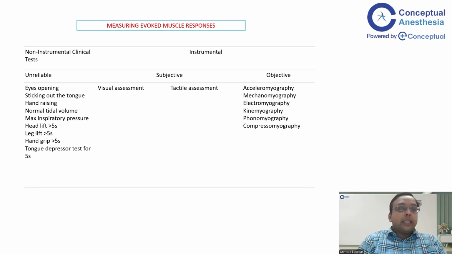But nonetheless, these are not objective parameters of measuring the patient, and hence tests like acceleromyography, mechanomyography, electromyography, kinemyography, phonomyography, and compressomyography are used. Basically, whatever stimulus you are giving, you are measuring the extent of muscle contractions in the patient.